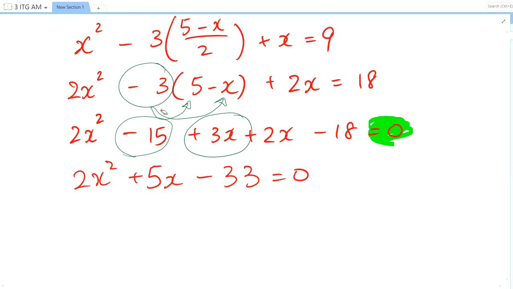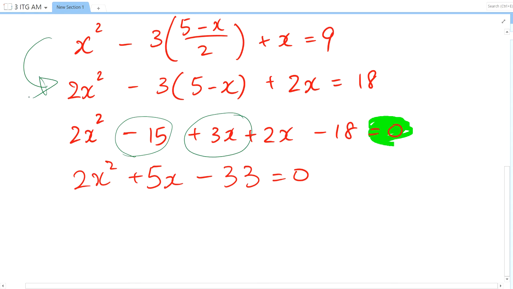Okay, so are you saying that you are unsure how to get to this step? Yeah. Okay. So you are asking about from this step to get to this step.